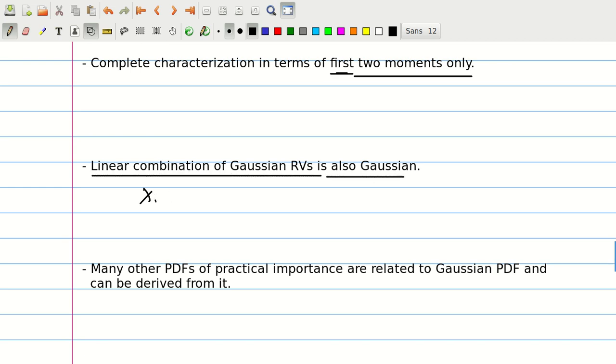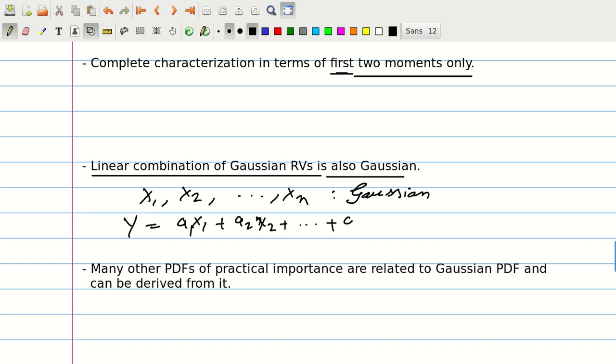That means, if say x1, x2, up to xn are Gaussian, then some random variable y, which is a1x1 plus a2x2 and so on plus anxn, is also Gaussian with some mean and variance that may be computed. In other words, we can say that the linear transformation preserves Gaussianity.